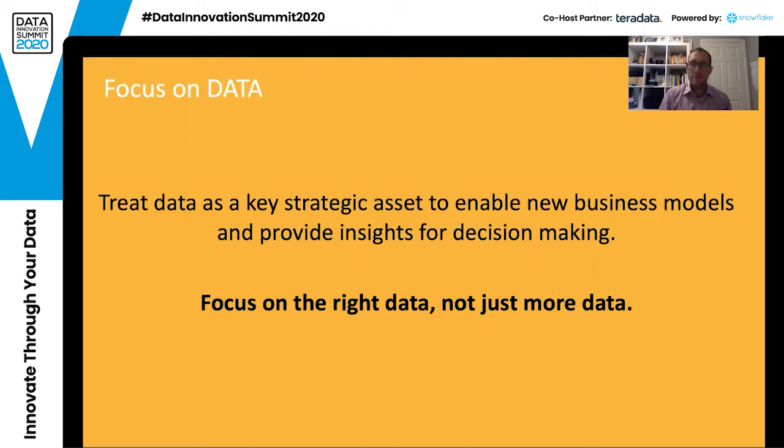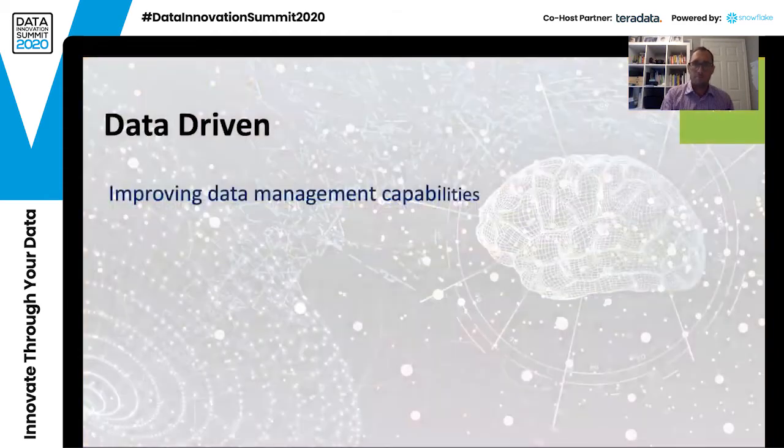Yes, we all know that data is a key strategic asset, but for our new business models coming out of AI, machine learning, and data science driving the new analytic insights, it's really focusing on the right data and in the right way to get that business value, and that's why these data management capabilities that I'm talking about today are so important to get right.